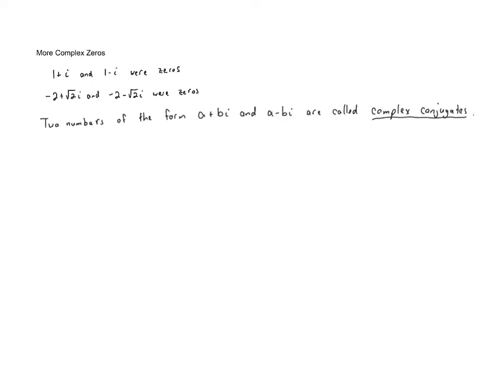And we can see here that these pairs of numbers are complex conjugates. Basically, they're the sum and difference of the same real and imaginary parts.